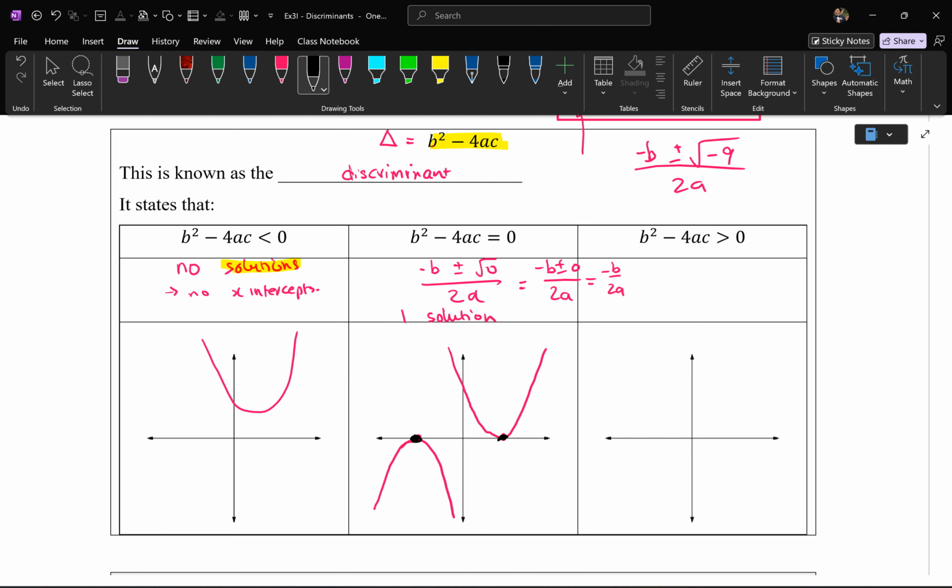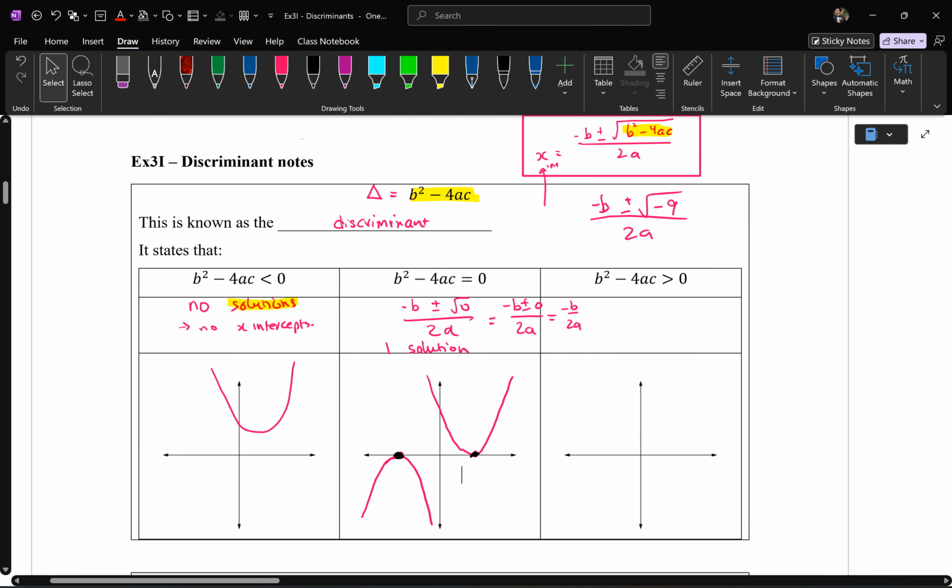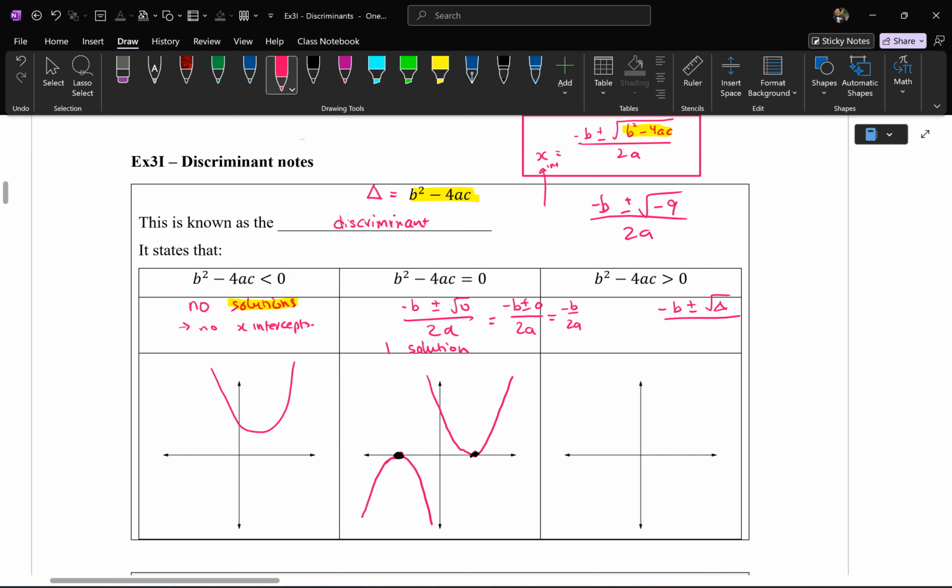Then your final part, which is very logical: if the discriminant is positive, well then negative b plus minus the square root of whatever the number is. It doesn't matter what b and a are, we know the result is going to give you two distinct differences. One's going to be plus that number and one's going to be minus that number, so of course it's going to be different.